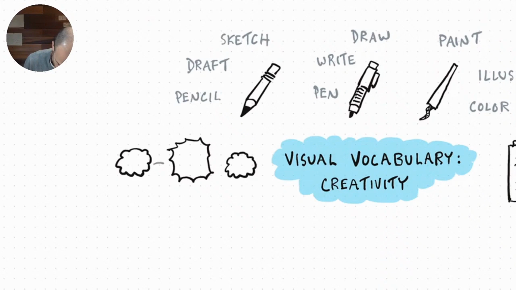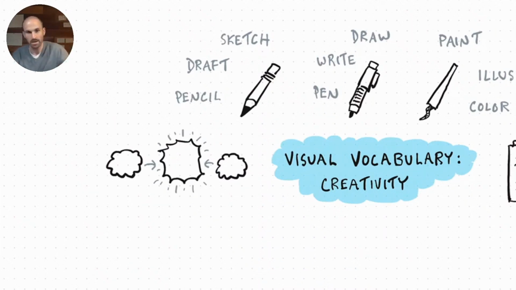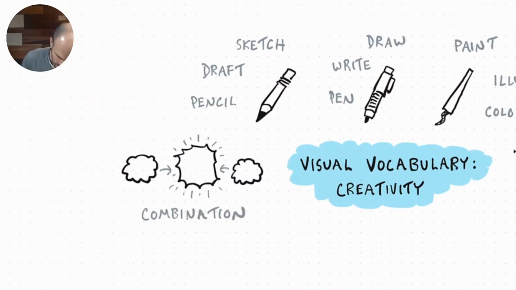So you smash a couple ideas together. Maybe it's just two, maybe it's a large collection, and you see what happens when you do that smashing together. So this could maybe be combination, maybe remix, another connection to who Julie mentioned, Austin Kleon, who talks a lot about remixing.